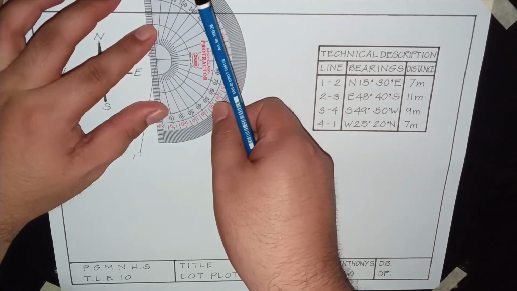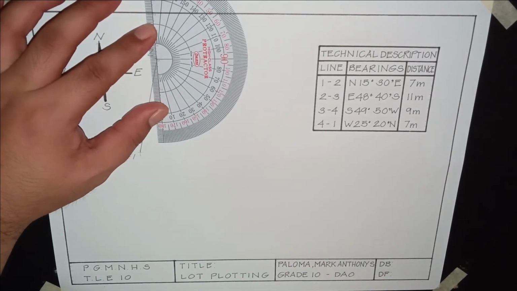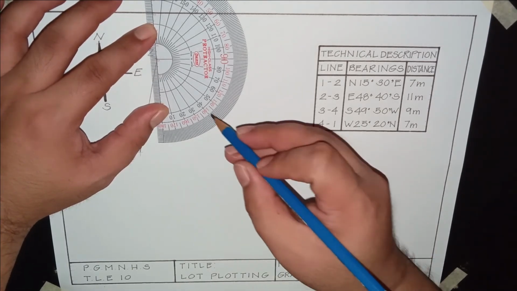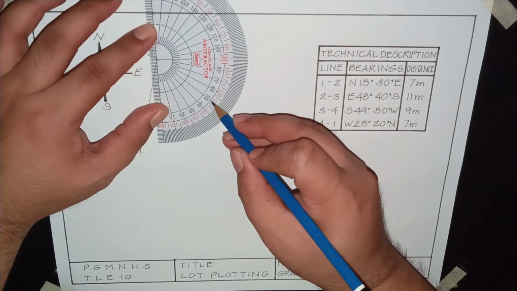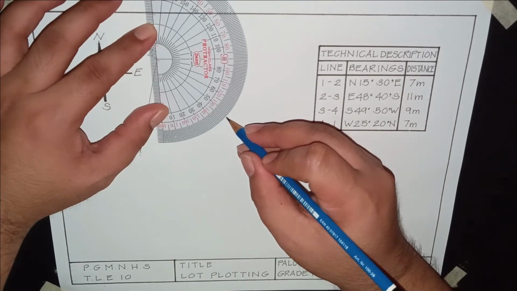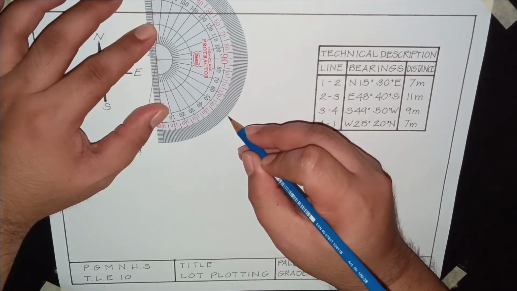Using the intersecting lines on point 2, we're going to mark 48 degrees. So where can we find 48 degrees? In between 40 and 50 degrees. Near the 50 degrees.